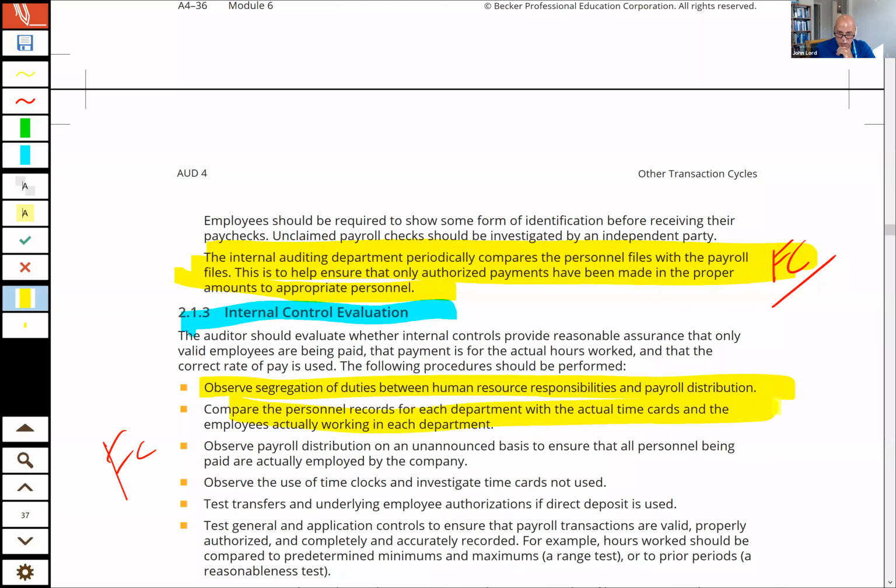If someone's punching a time card, there should be a personnel file for them; they were really hired. Observe payroll distribution, on an unannounced basis. Payroll distribution happens rarely these days because everybody uses direct deposit, but it is still a step that the examiners may very well ask about.